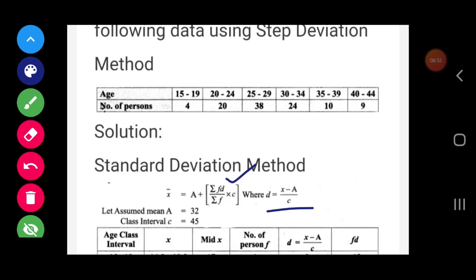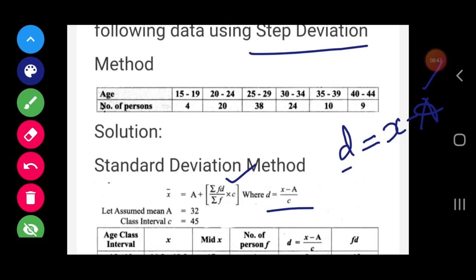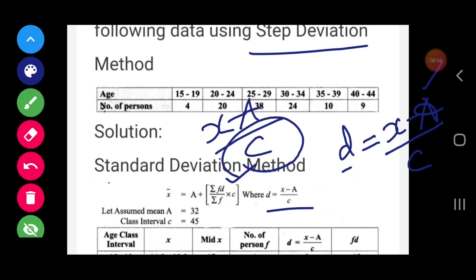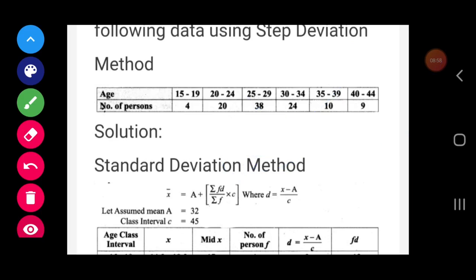When the assumed mean is given, d is nothing but x minus a. When the step deviation method is mentioned, we have to find d using the formula x minus a by c. Here c is nothing but the class interval.